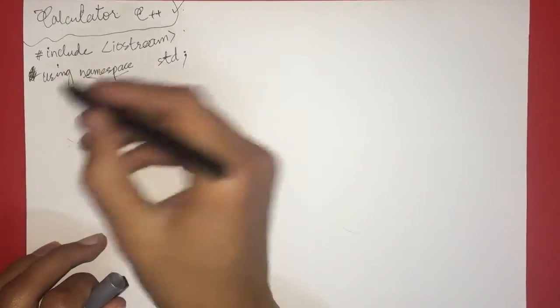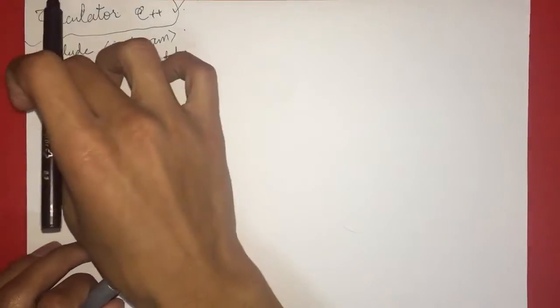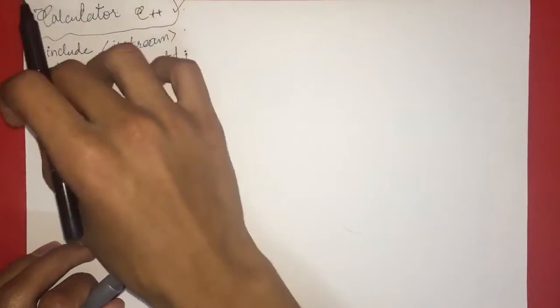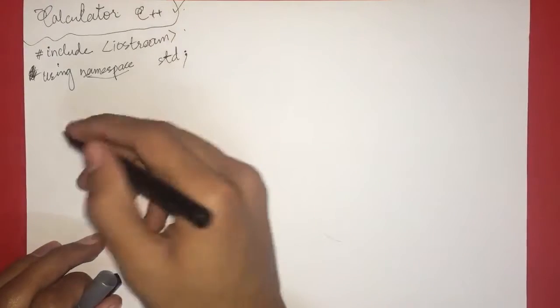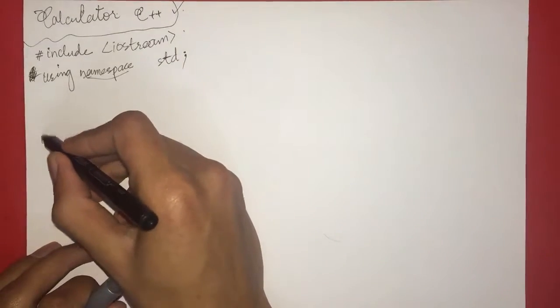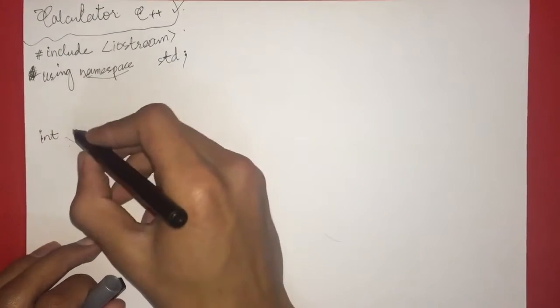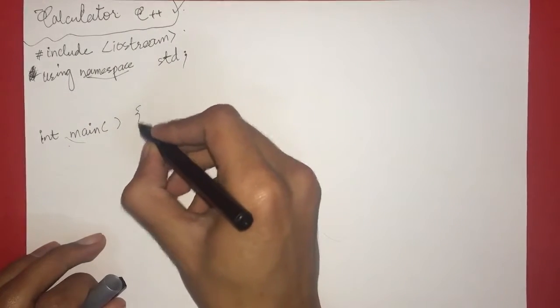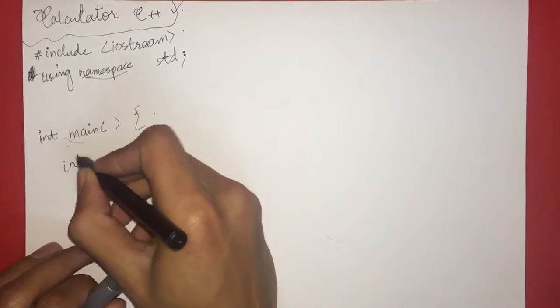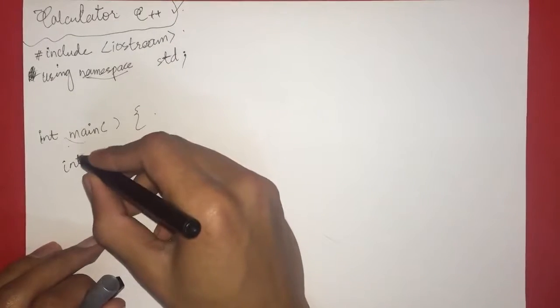First, I am here to write the prototype of the function, but I have not created the prototype yet. So what I'm going to do is write the function int main, and this right here. So I'm going to declare the variables.